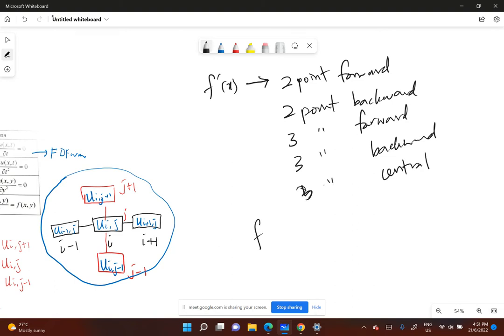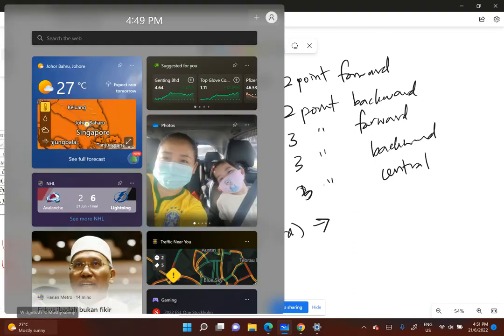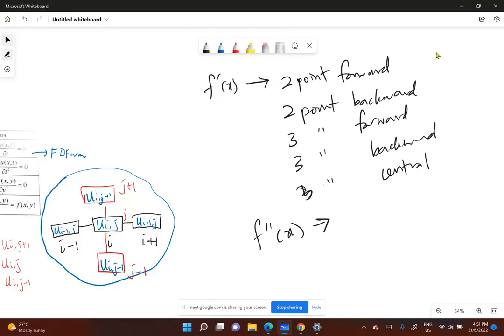Ingat. And f double prime, kita ada berapa? F double prime. Ingat lagi tak? Nurul Nazura, you still remember or not? In chapter 5, numerical differentiations. Ada second derivative ada berapa?